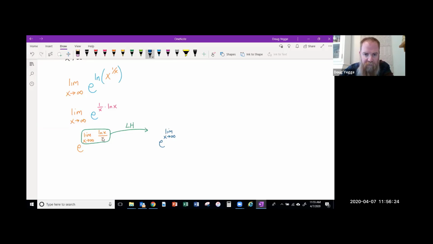So what we do instead is we're going to take the derivative here, which gives you the derivative of ln of x, which is 1 over x, over the derivative of x, which is 1. All right, well, that's just equal to e to the limit as x approaches infinity of 1 over x.